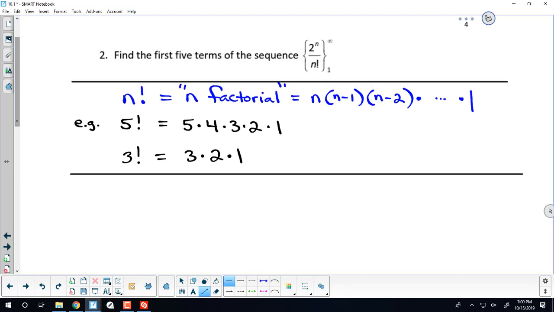Oh, also, this is where, to confuse things, 0 factorial is defined as 1. This is something that came up as a probability thing.